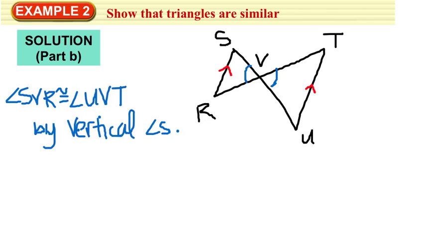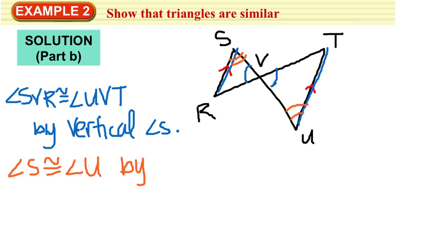Okay, and then secondly, you should recognize there's a reason why they're telling you that RS is parallel to UT, and that is for you to recall alternate interior angles are congruent. So in this case, we can see that angle S is congruent to angle U, and the reasoning is alternate interior angles theorem.